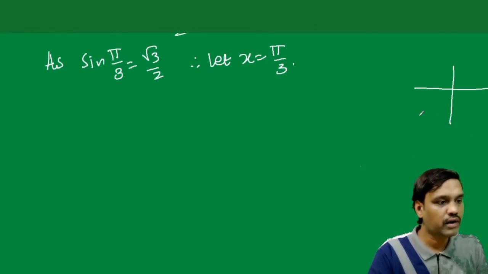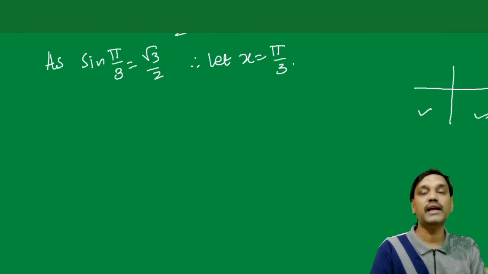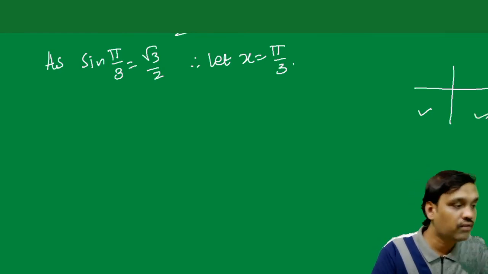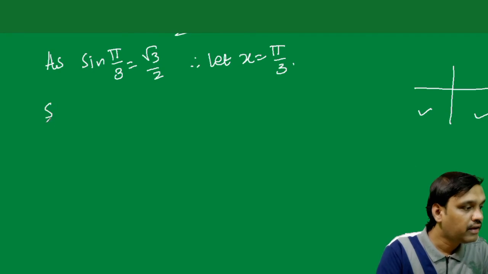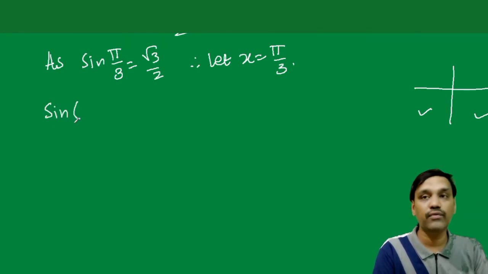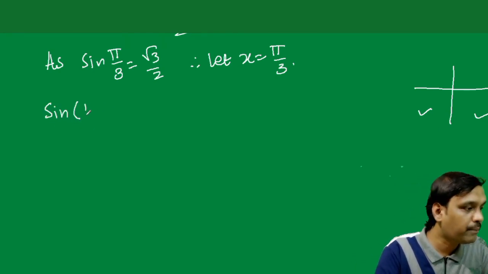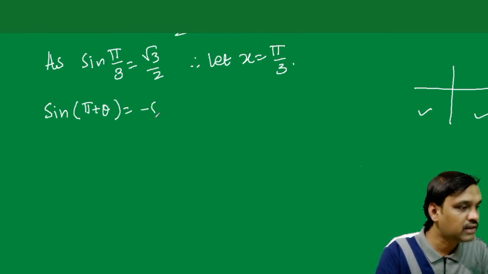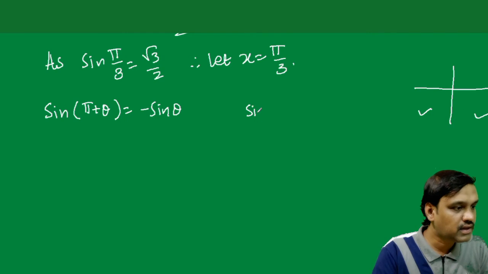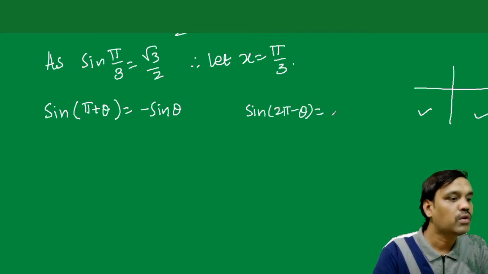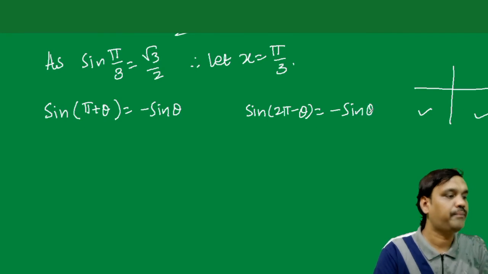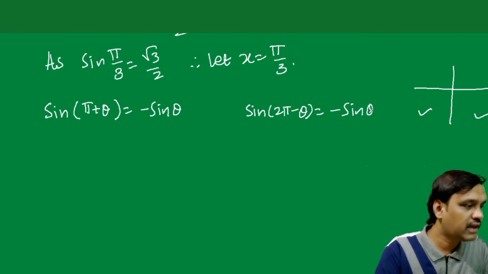In the third quadrant and fourth quadrant, sine is negative, so we are going to write two allied angle formulae for sine in the third and fourth quadrant. For the third quadrant, we write pi plus theta. So sine of pi plus theta is equal to minus sine theta, and sine of 2 pi minus theta is also minus sine theta. Instead of theta, we can say x.